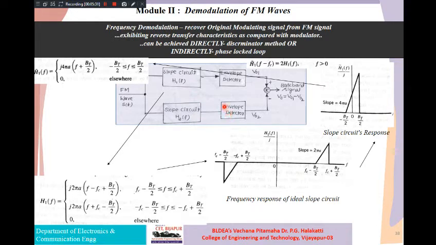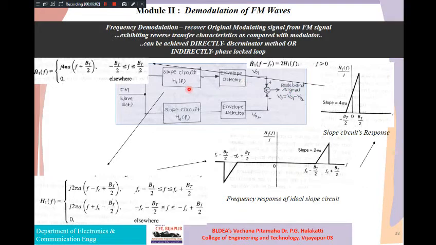The output of each slope circuit block is given as input to the respective envelope detectors, which help in recognizing our message signal with the help of the slope circuit. They give two outputs, and their difference gives our baseband or message signal.